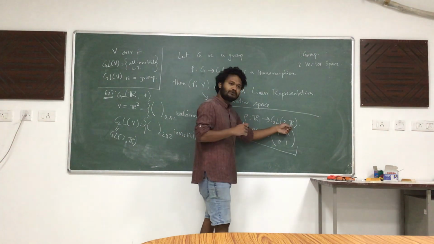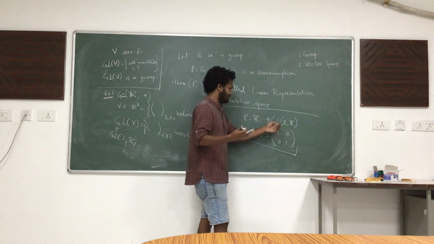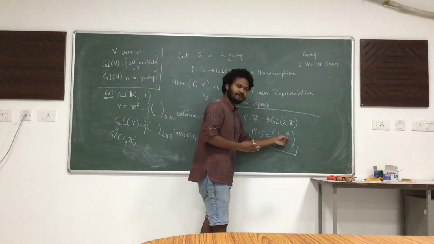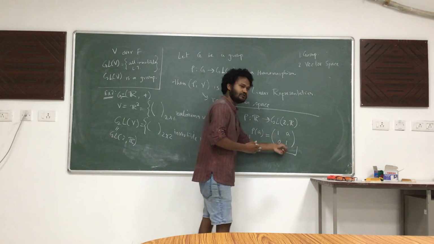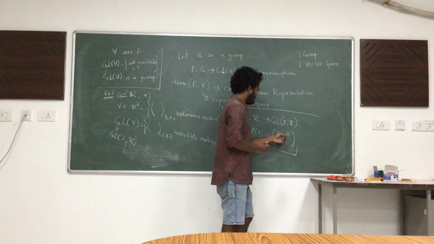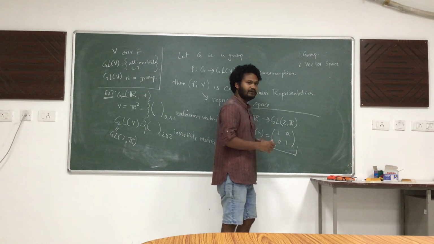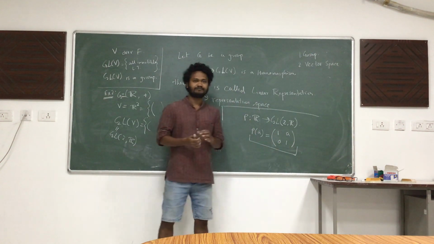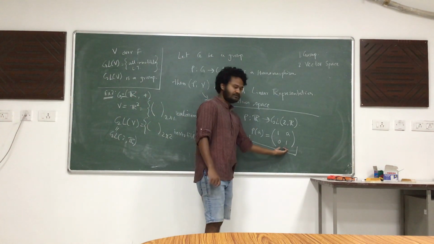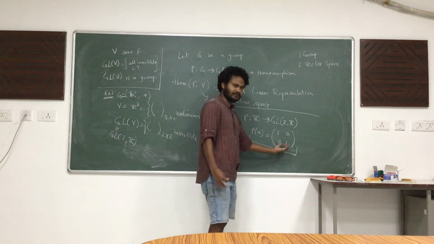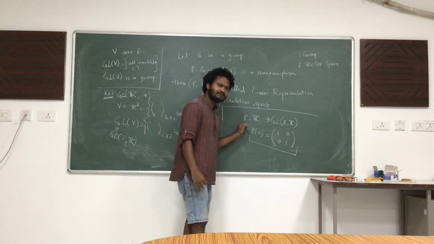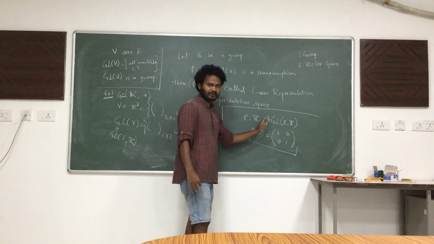So this is the set of all 2 cross 2 invertible matrices. Is this invertible for any A? The determinant is always 1, so the determinant is non-zero. So this is invertible, and at least this is a reliable map.